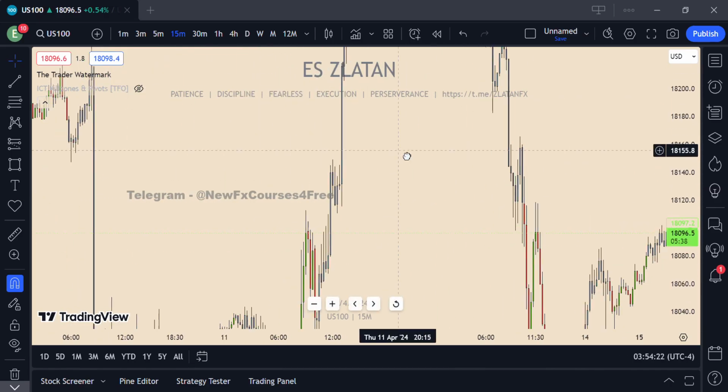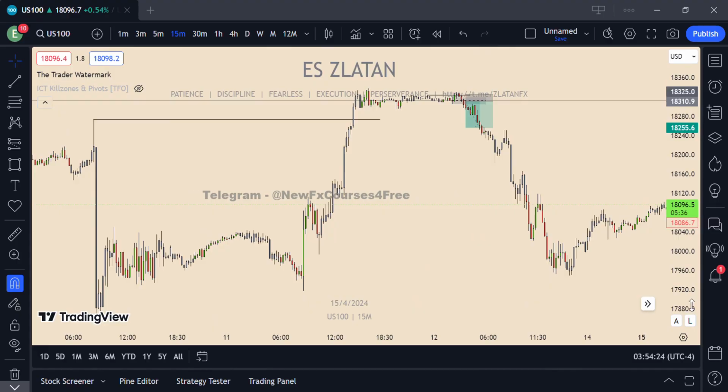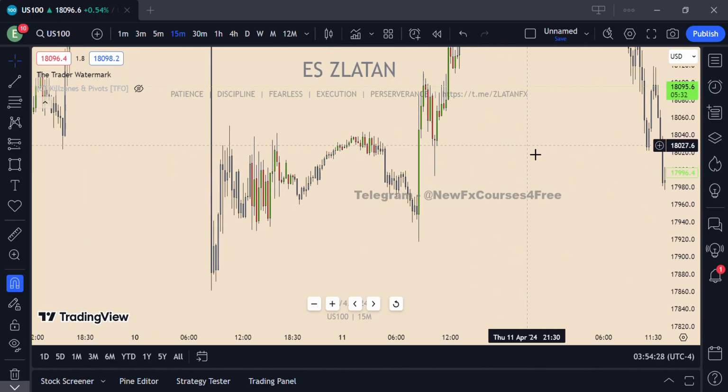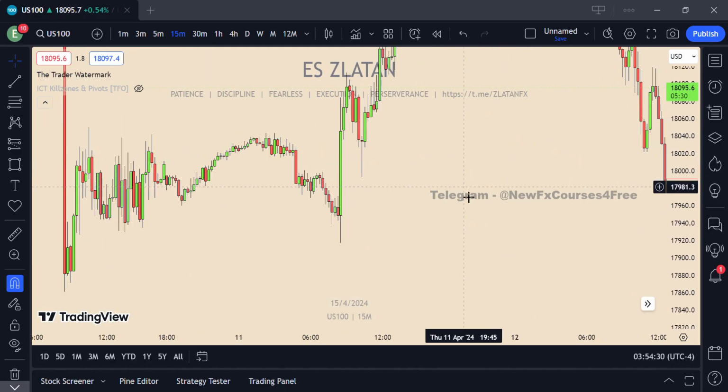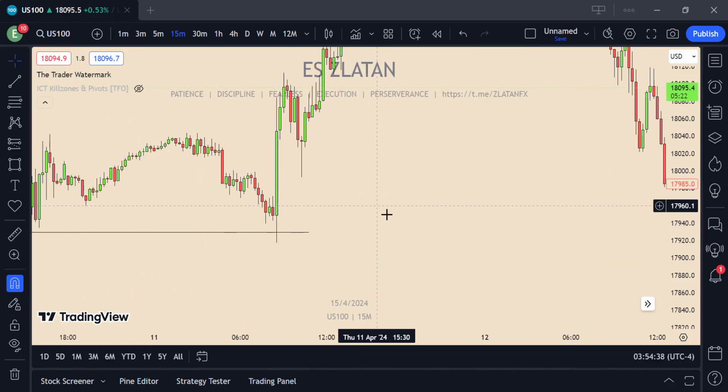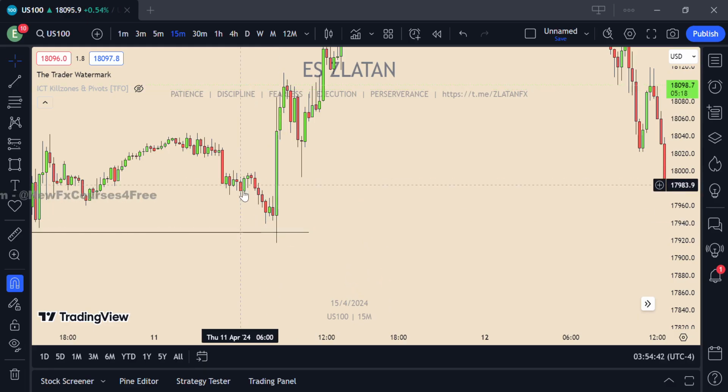Let's look at another example. A sweep. The last green candle before the down close, before that down move.